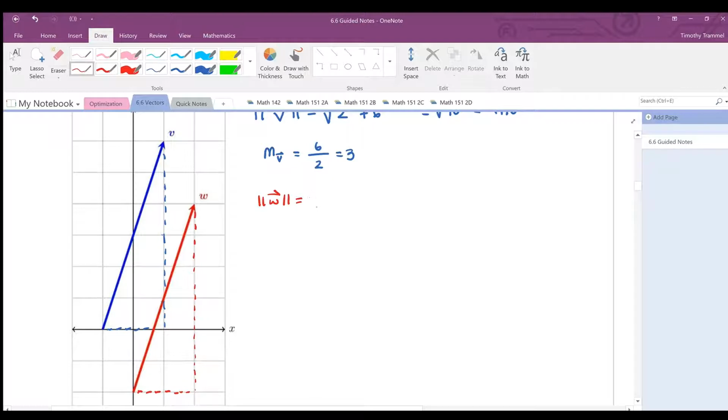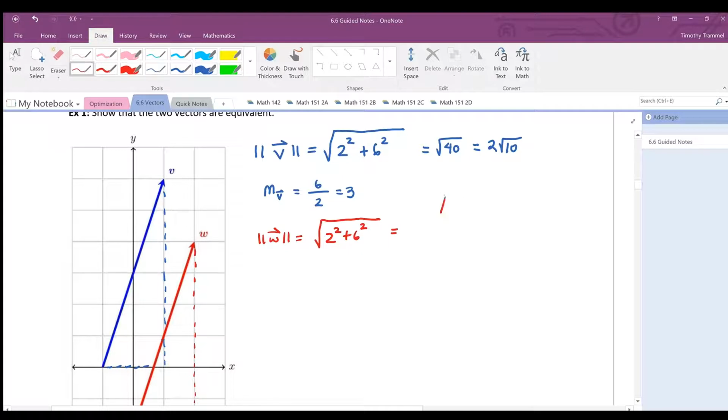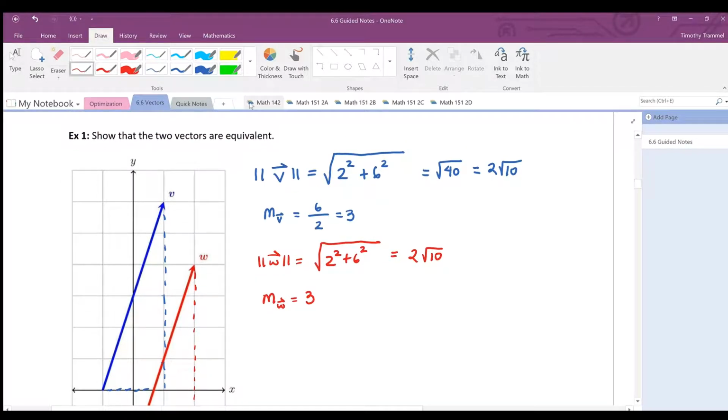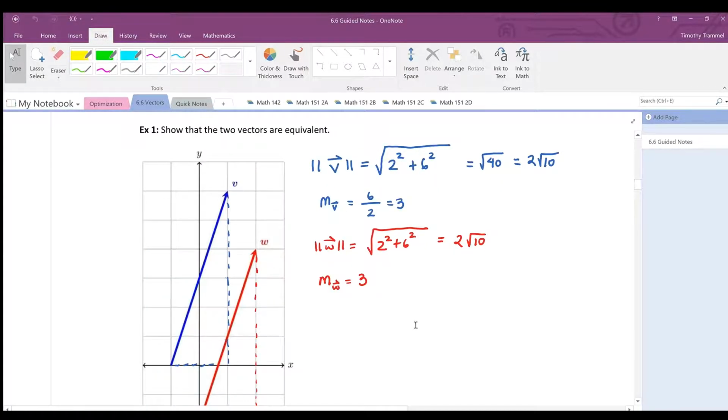So this ends up being the same thing, the square root of 2 squared plus 6 squared, which came out to, what, 2 root 10? That's right. 2 square root of 10. And since we have the same rise and run, we also know that the slope's going to wind up being the same here too. And so since these things have the same magnitude and direction, we know that they are equivalent. Let's go ahead and move to our next example here.